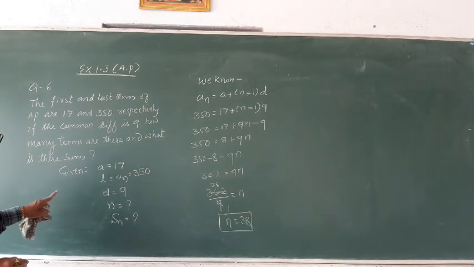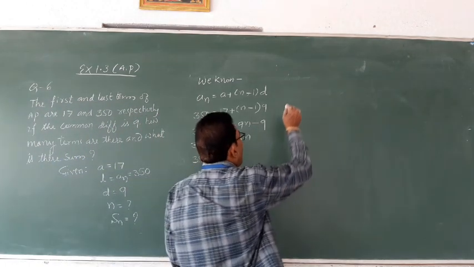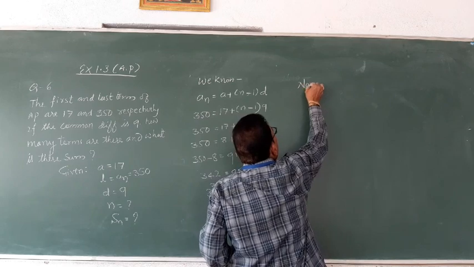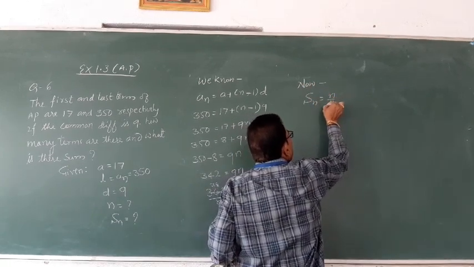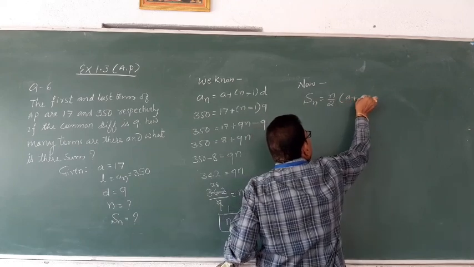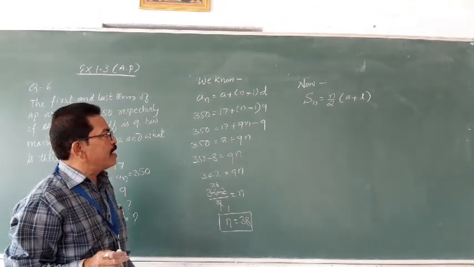Then we have to find that Sn. So now Sn equals n by 2 in the bracket a plus l. Why we have used this formula? Because last term is given.